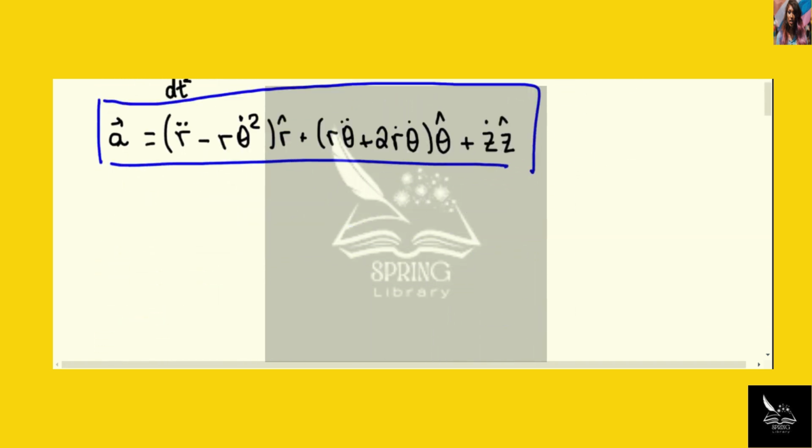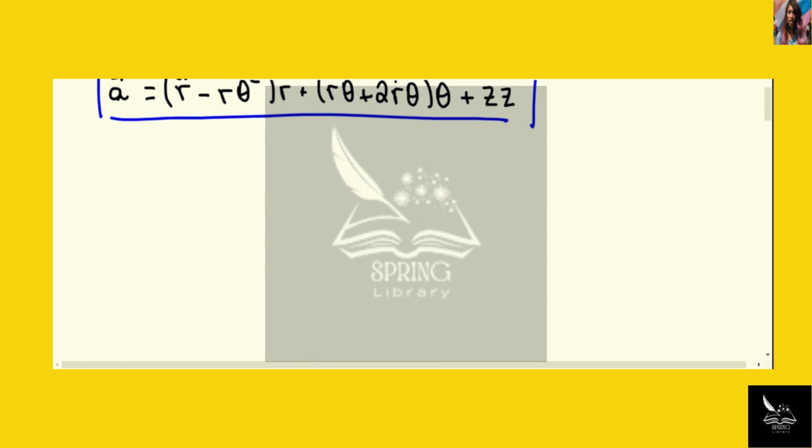So before anything else, I'm going to just draw a force diagram on the boy. So here's the boy. Okay, there's the r coordinate, then the theta coordinate, and then the z coordinate.